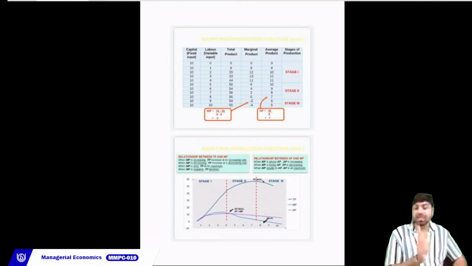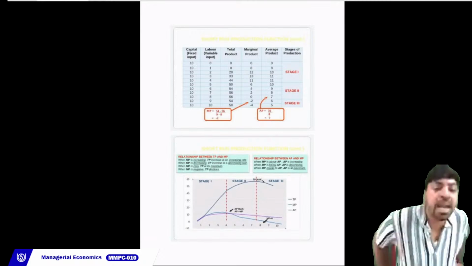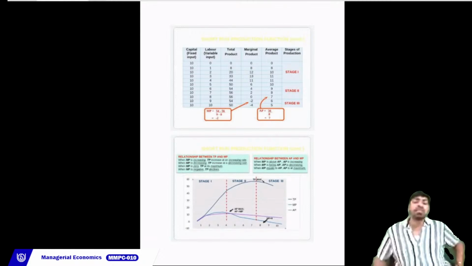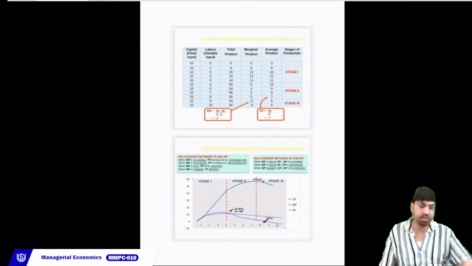It means average product is increasing. When marginal product is below average product, that means average product is declining. When they intersect or are equal to each other, that means average product is maximum.